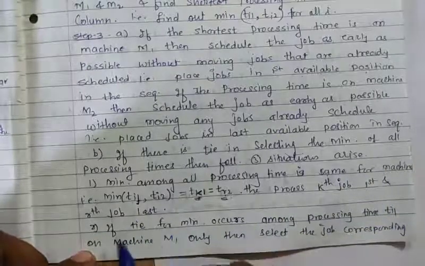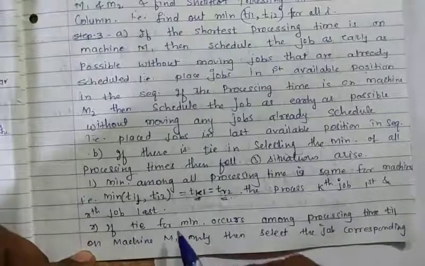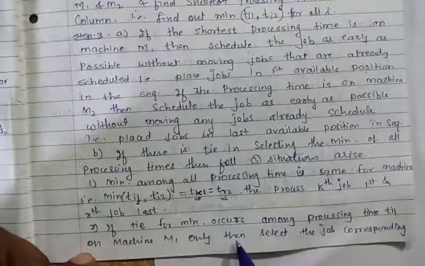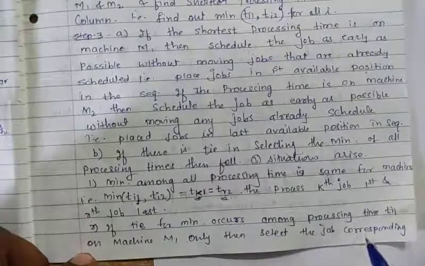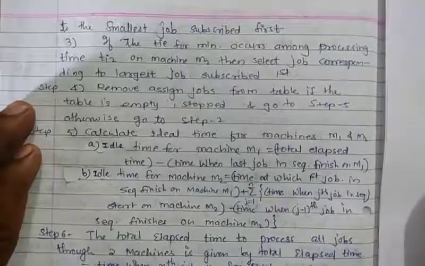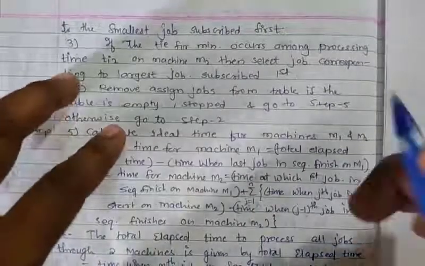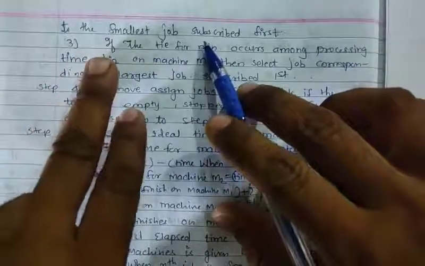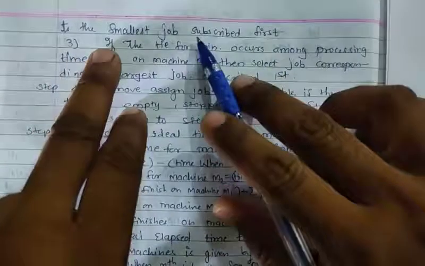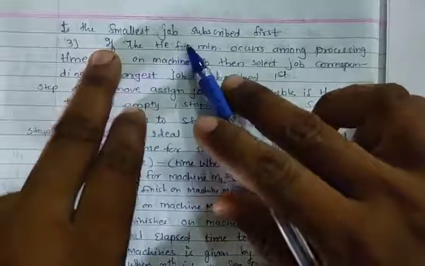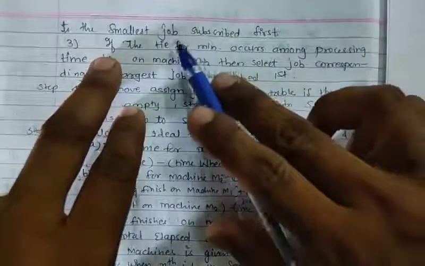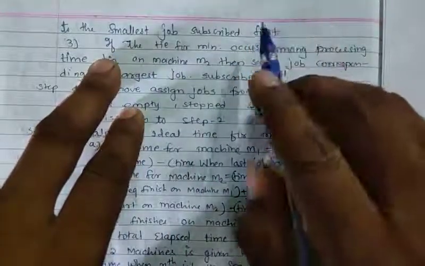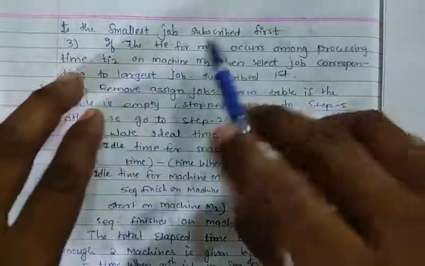Second condition: if a tie for the minimum occurs among processing times Ti1 on machine M1 only, then select the job corresponding to the smallest job subscript first. That means if there is a tie on the same machine, we go by the sequence, the smallest job subscript first.